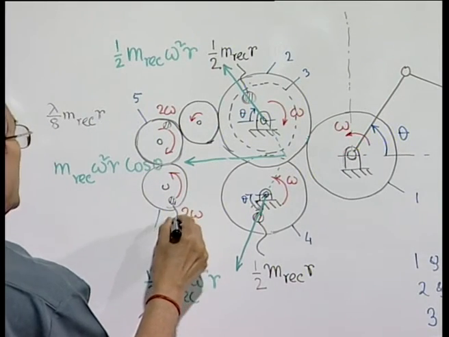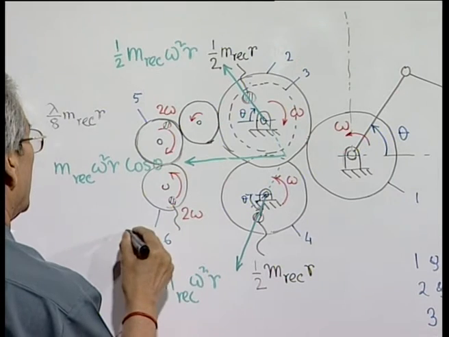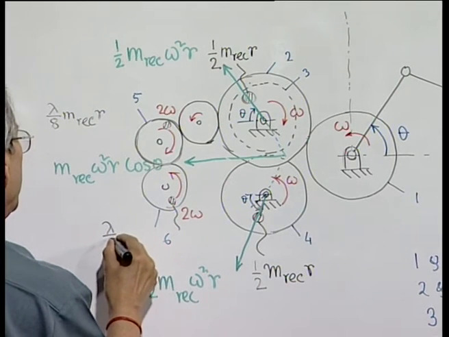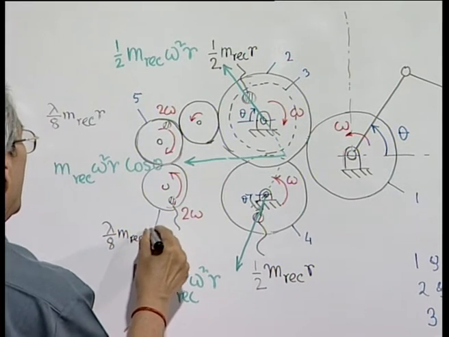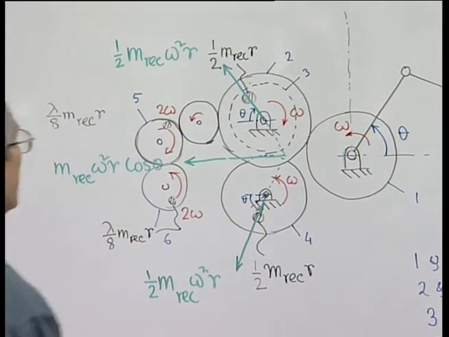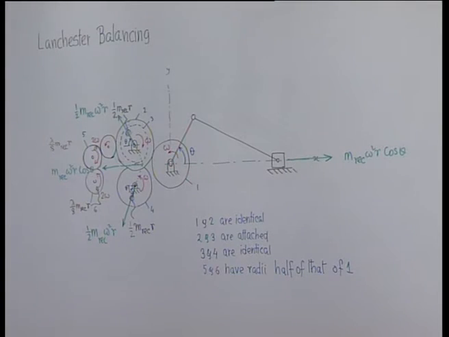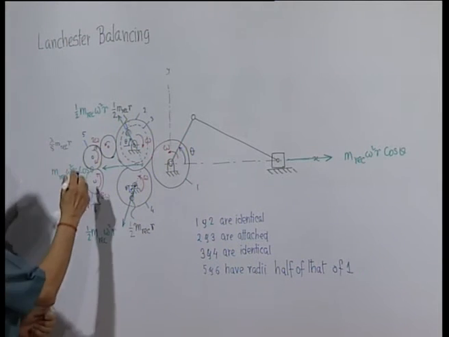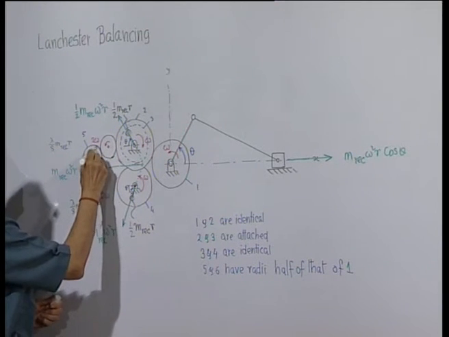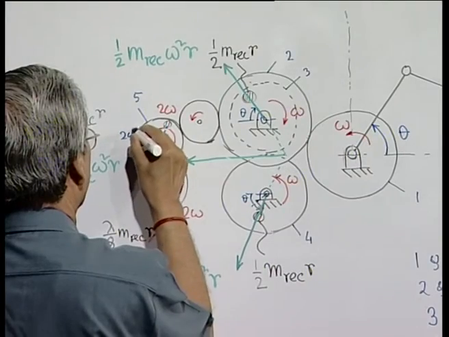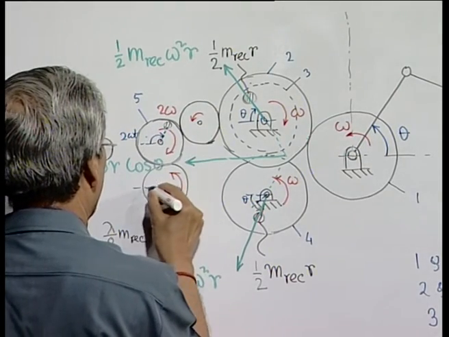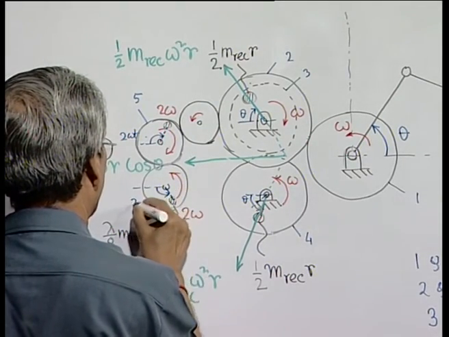Same thing here, lambda by 8 m reciprocating r, and the angle is such that this is 2 omega t, and similarly this will be 2 omega t.